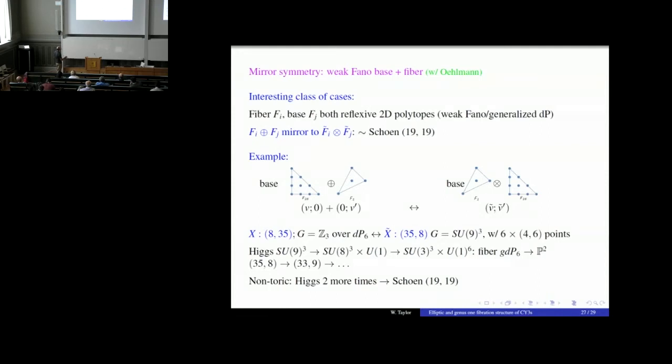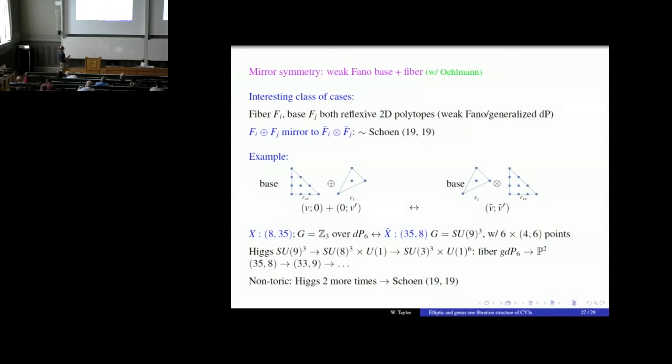And this is actually all of these, this model and a series that we can build from this where we Higgs the SU9 cubed on a set of 3 bifundamentals to get next SU8 cubed cross U1. This happens if we remove a point from the fiber. We remove another point from the fiber, we go down to SU7 cubed times U1 squared.